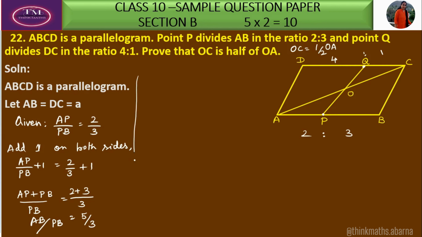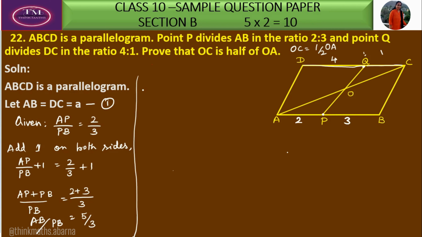What we assumed AB as A. So instead of AB, we can write A. So A divided by PB equal to 5 by 3. Cross multiplying, 5 into PB will be equal to A into 3. So PB will be equal to 3A by 5.